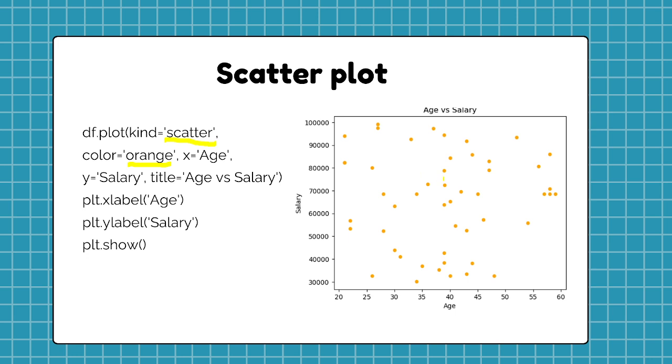On the right side now I have changed the color to orange, because I want to show the data distributed in orange color. Then I can include age and salary for the x and y axes, and I can include an additional title that this is the scatter plot for age versus salary. So the other items will use similar methods.